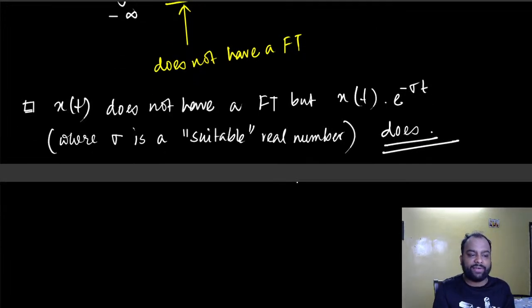Even though x(t) does not have a Fourier transform, x(t) times e to the power minus sigma t does.